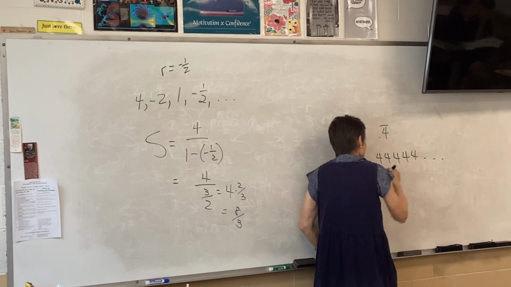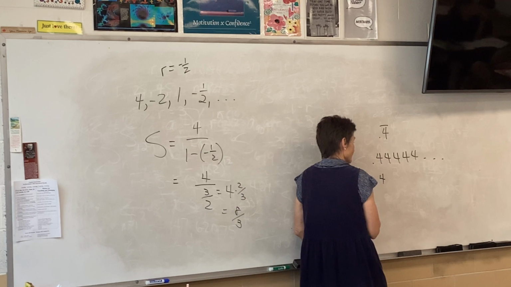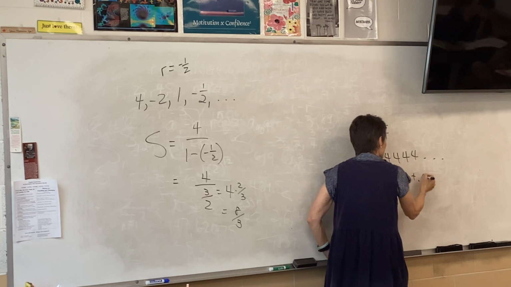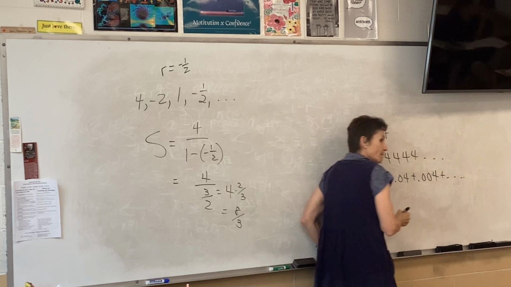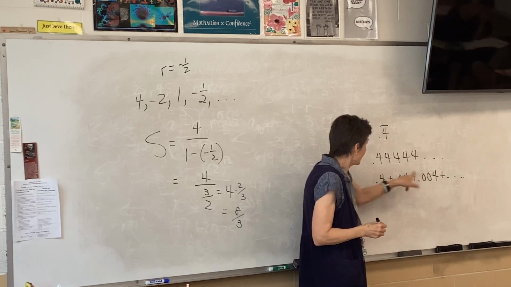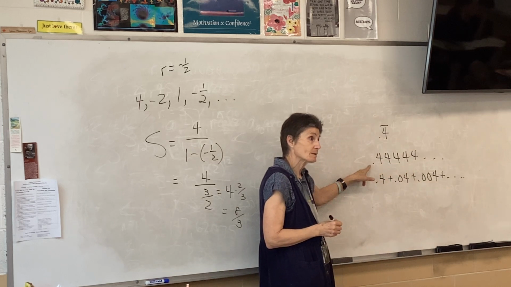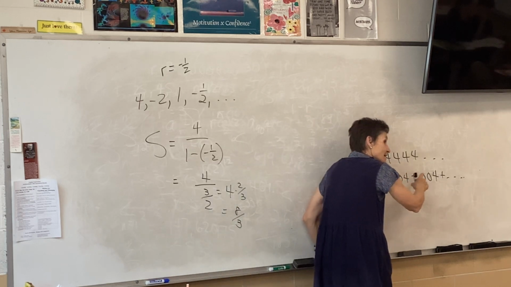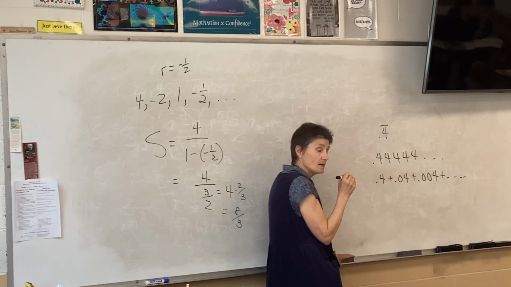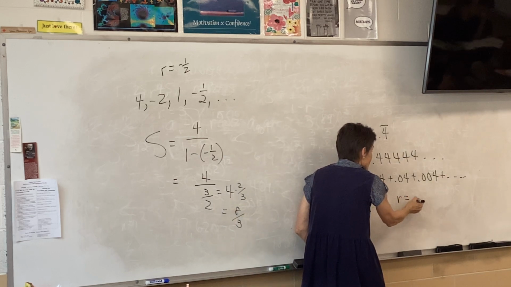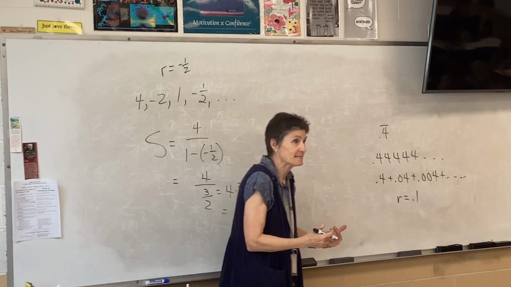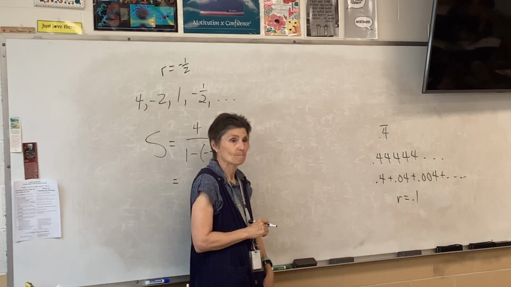I could break this up and say it's 0.4 plus 0.04 plus 0.004. Now just think about that for a minute. If you added these decimals, isn't that what would happen? Yeah. This is an infinite geometric series because I am getting from term to term by multiplying by 0.1 or dividing by 10, adding a decimal point, 1/10.